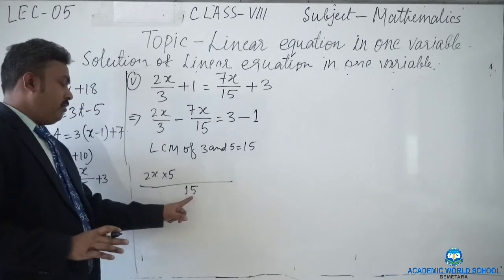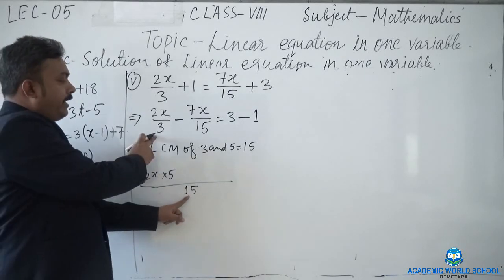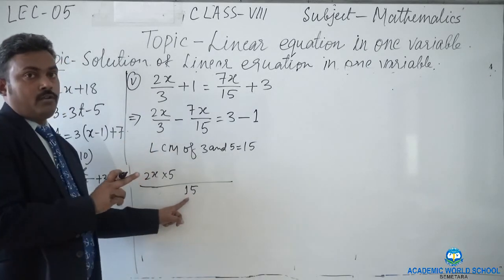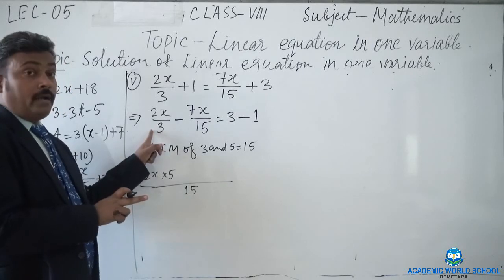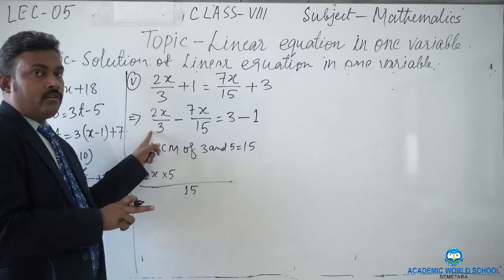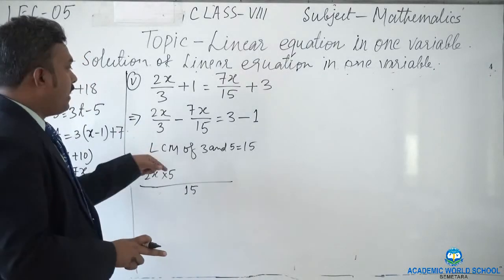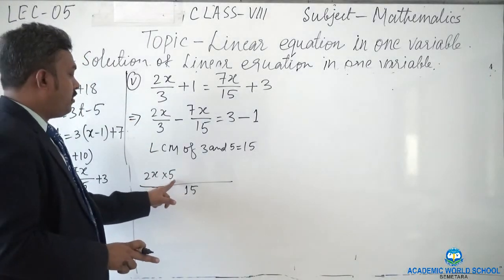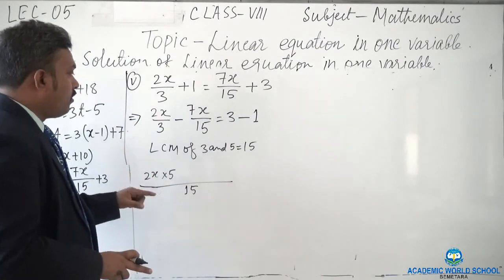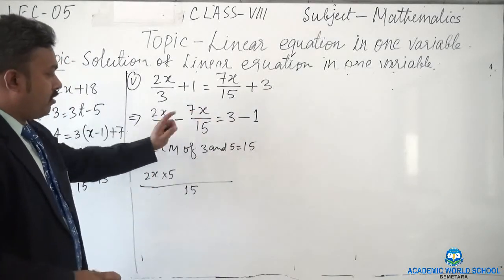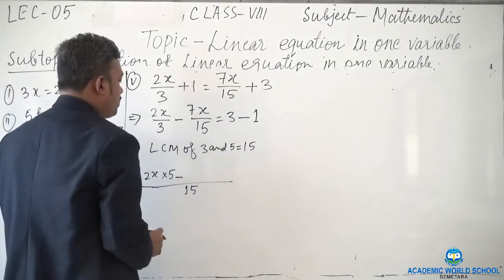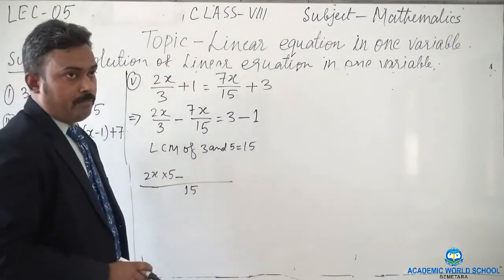I repeat it. The LCM 15 we are dividing by 3. If you divide the 15 by 3, we will get 5, and that 5 will multiply with 2x. The same we are going to do here also. So first, division of LCM and denominator.